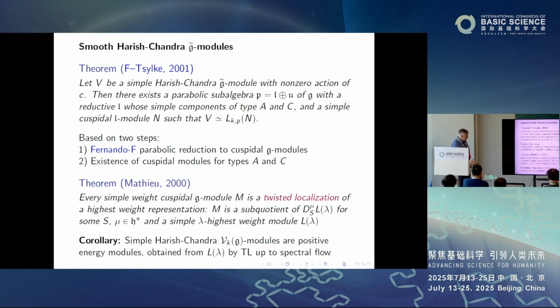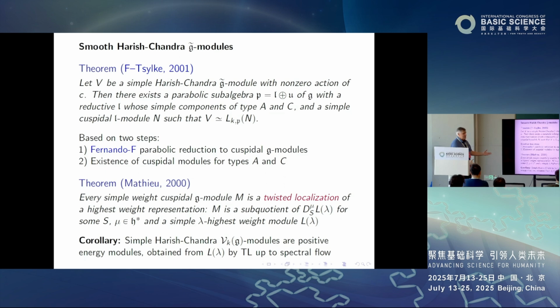As a corollary, we have the classification of all smooth Harish-Chandra modules, or the same, simple Harish-Chandra modules for our universal affine vertex algebra. They're necessarily positive energy, which means they have a boundary somewhere, and they can be obtained from a highest weight module L lambda by twisted localization.